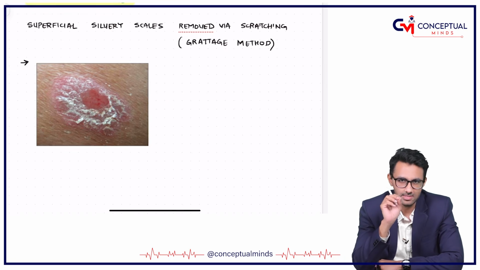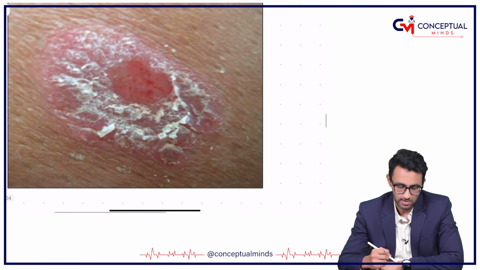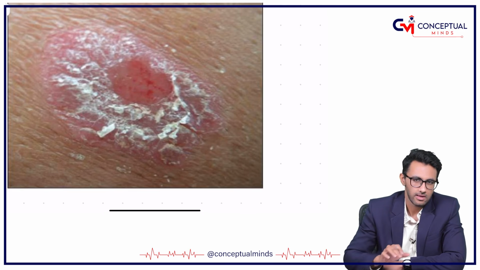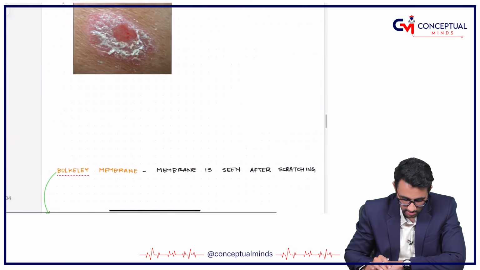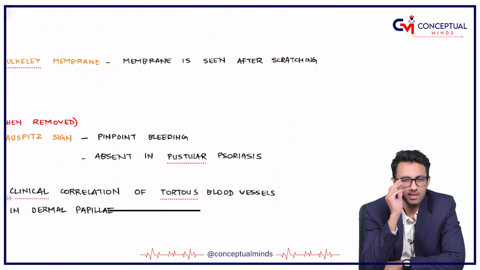Please mind this. If I zoom in, what do we see here, ladies and gentlemen? Some hemorrhages. But before that, we have to encounter one more term, that is the Vulgaris membrane. This word is very important because the Auspitz sign is bombarded so many times that we don't know why it is forming.